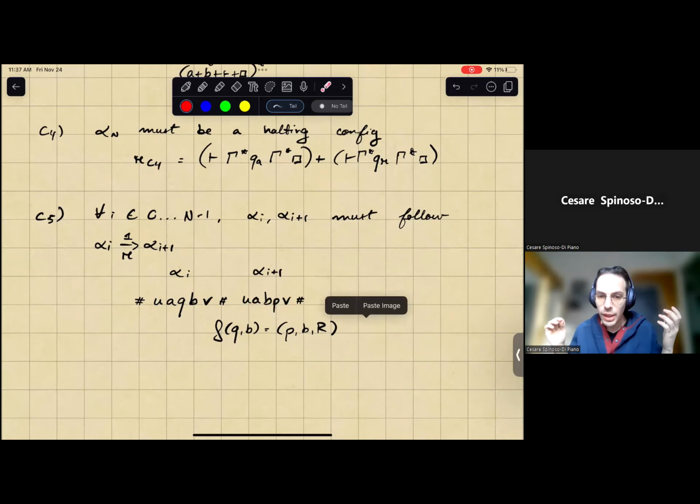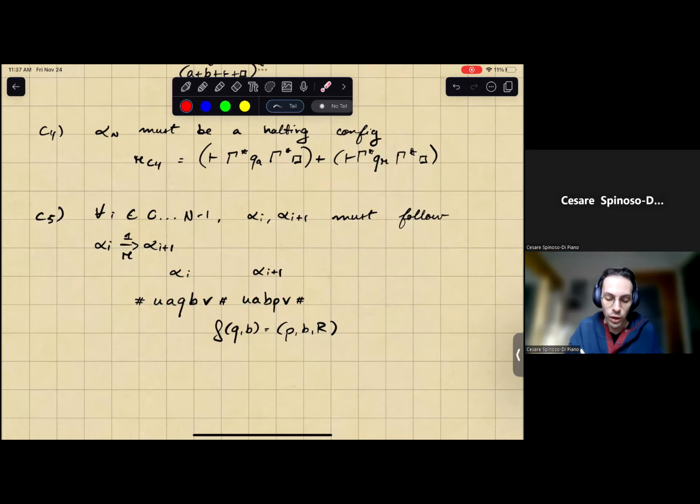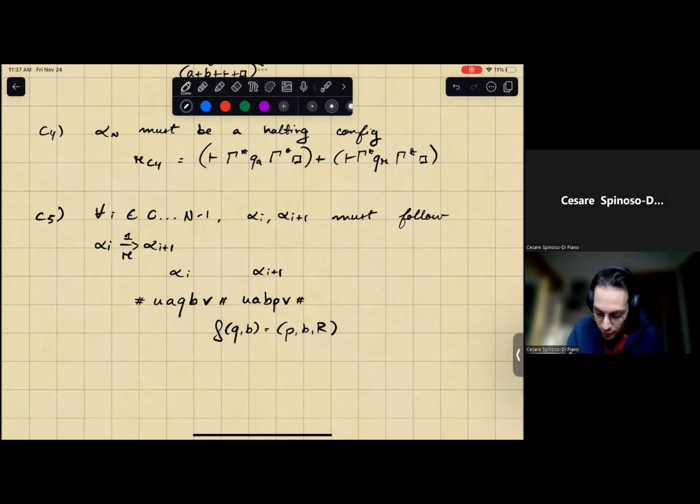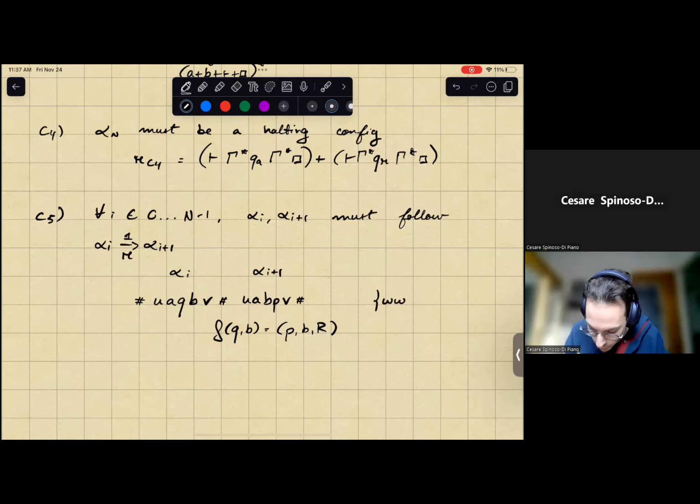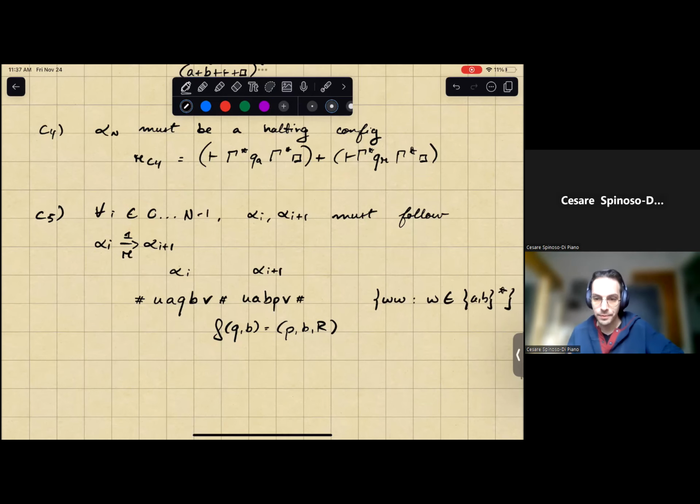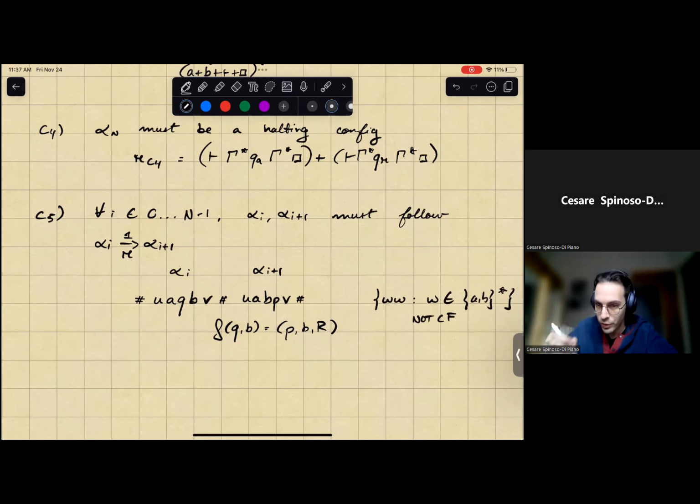But it turns out it's impossible for a PDA or a context-free grammar to accept or generate the language of WW, where W is even just, say, (A or B) whole star. Okay. So this is not context-free. And the reason why this is not context-free is, well, imagine you were using a stack. So you push the first half of the string onto the stack, right?